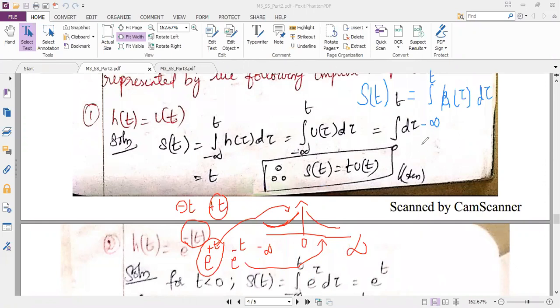So I will just now write the condition here. Now my first condition is, I am considering when t less than 0. When t less than 0, so I can write my equation S of t is now equal to integral minus infinity to t, so upper limit is t only, always t, and lower limit is always minus infinity. Why?